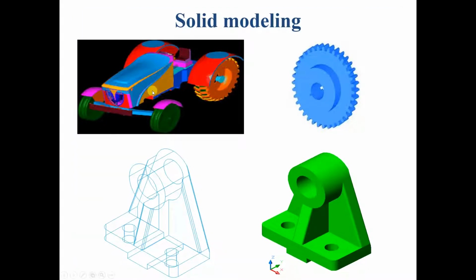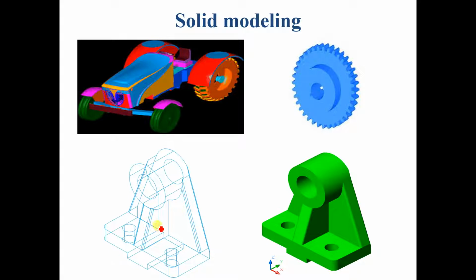So these are examples of solid models, and this is a wireframe model, and this is a solid model. The wireframe model is ambiguous in nature. Ambiguous in nature means no clarity, very confusing. When you see this image, there is a hole.